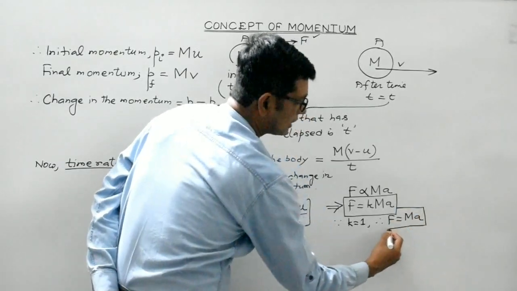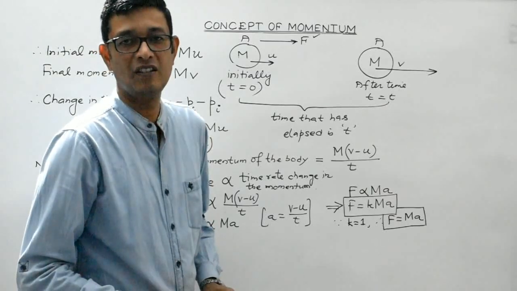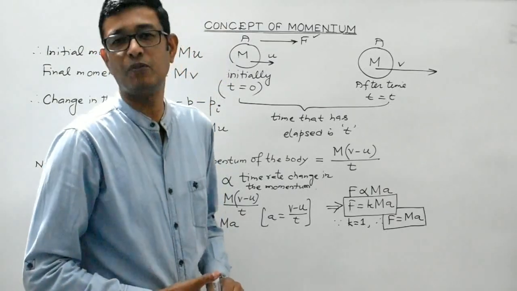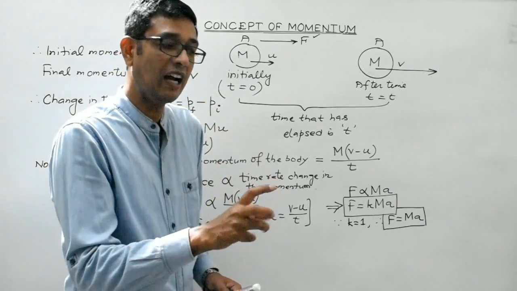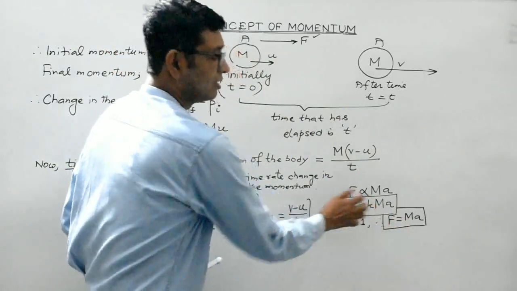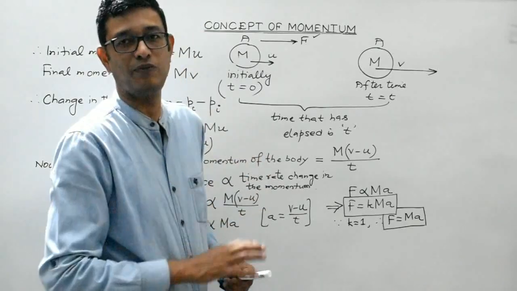This is the mathematical form of Newton's second law of motion, according to which force acting on a body is given by the product of the mass of the body and the acceleration produced in the body.